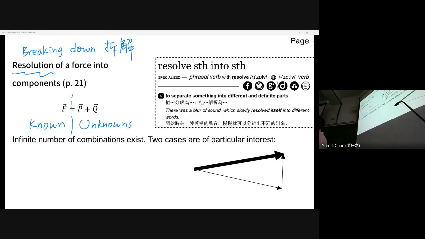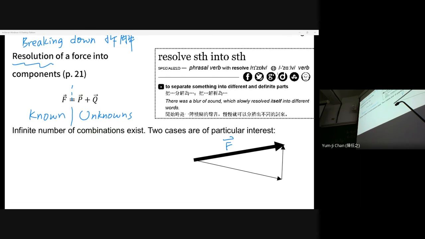So we break down a force into two parts, and these two parts are unknown. Okay. So we have a force F, and we want to break it down into a force P and a force Q. F is equal to P plus Q. The question is how many ways we can break a force down into two components.